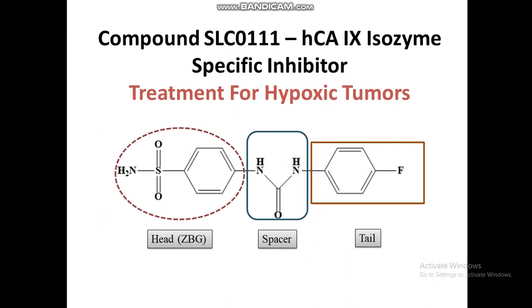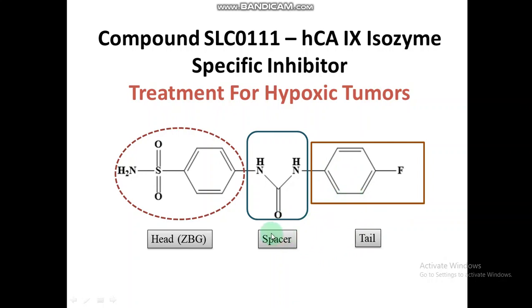So based on this compound, SLC0111, which is a human carbonic anhydrase 9 isozyme specific inhibitor in clinical trial for the treatment of hypoxic tumors. If we look at the structure, the benzene sulfonamide group is the head, which is the zinc binding group, and there is a urido spacer, and then a tail, which is a chlorobenzene.